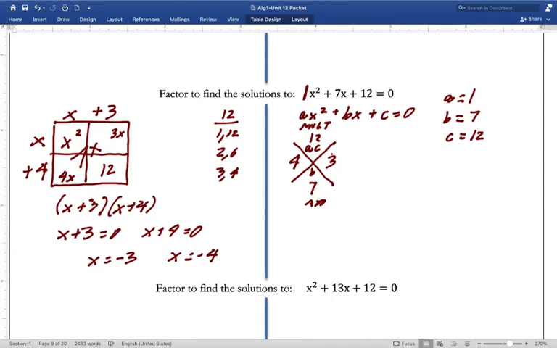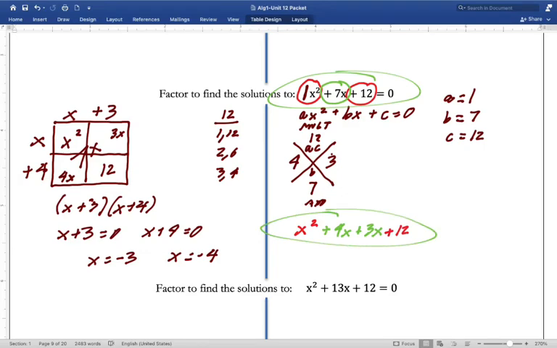Now, the grouping part. Here it comes. X squared comes on down. This positive 12 comes on down. I'm then going to replace the 7x with a 4x and a 3x. So what I have here is the same thing as what I have here. It's just 4 terms instead of 3.